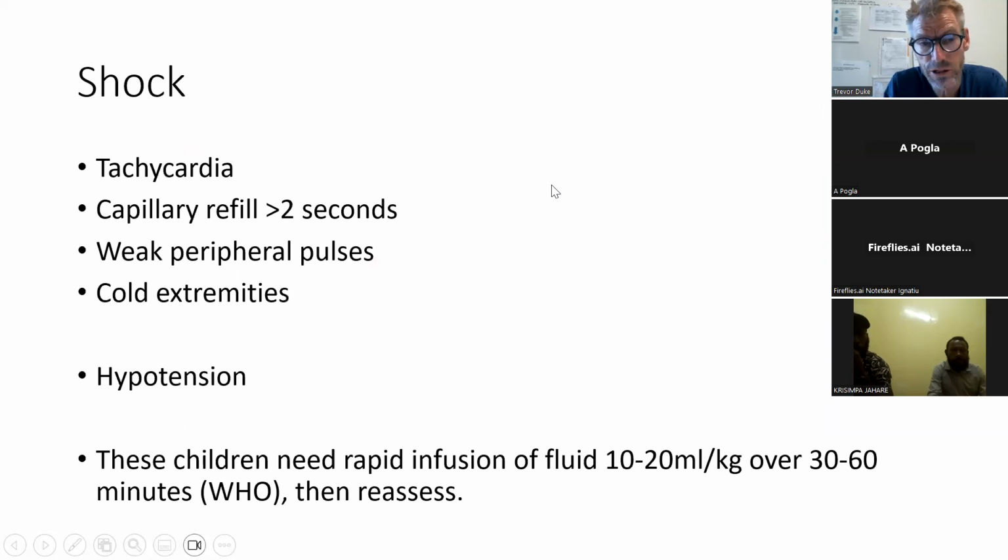So, as I said, the World Health Organization definition of shock is tachycardia with prolonged capillary refill. Often it's much longer than 2 seconds. It might be 4 or 5 seconds. Weak peripheral pulses. I think it's a good idea throughout your training and experience to get used to feeling the pulses of children of all ages, feeling normal pulses like the peripheral pulses, the radial and the foot pulses, because when you do that, you understand what the pulses should feel like in normal children.